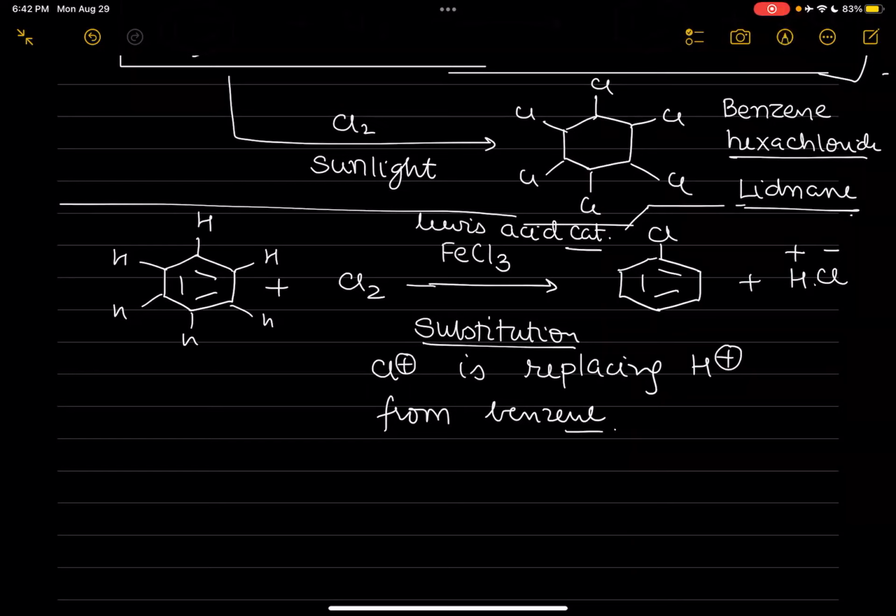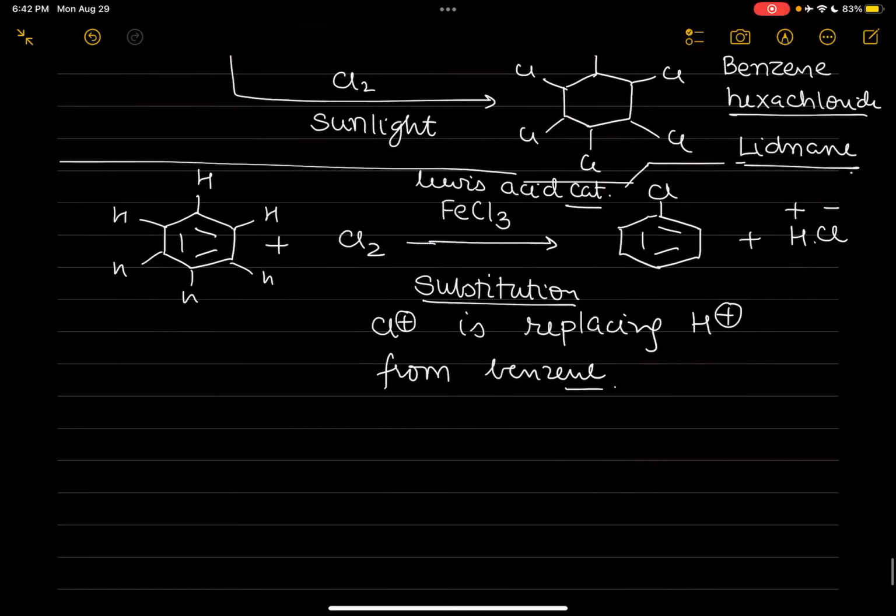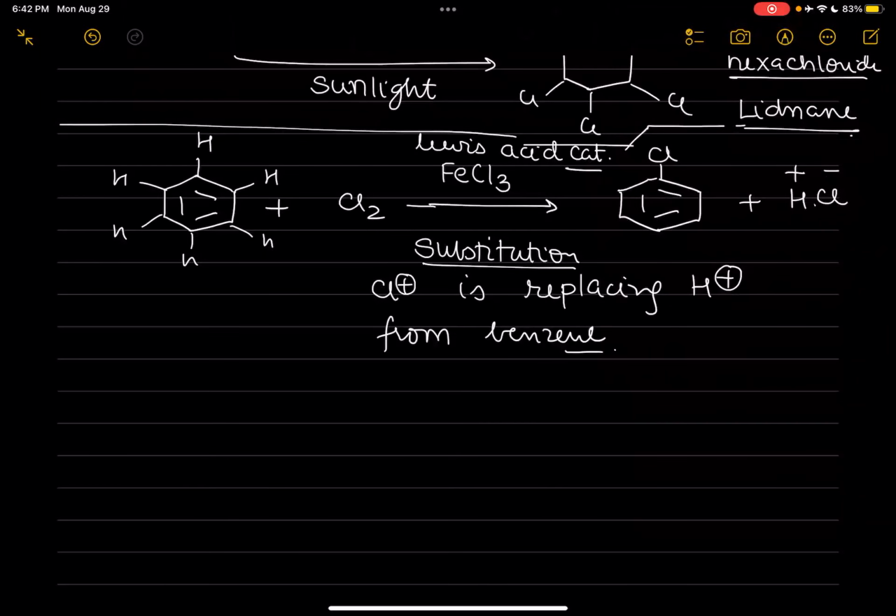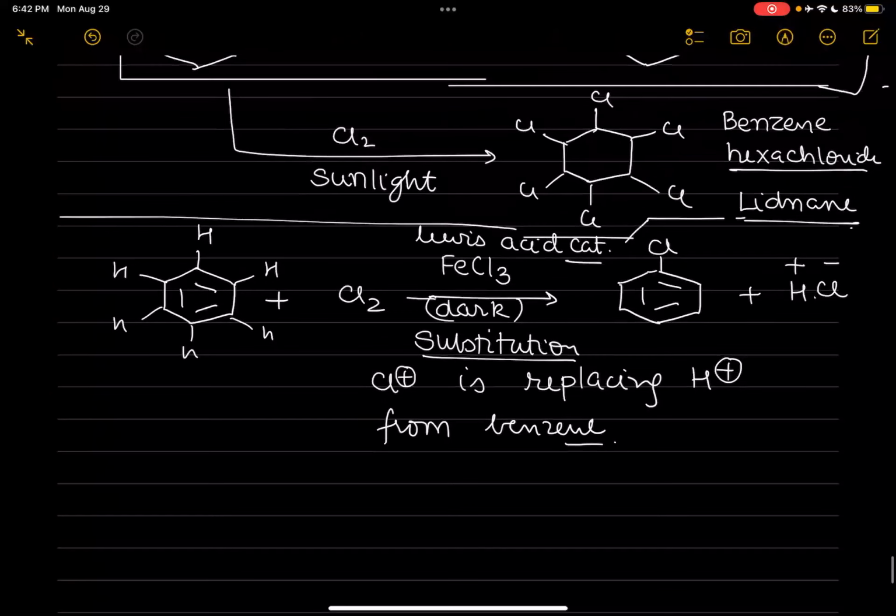And you need to take dark. You don't have to take sunlight, because if you take sunlight, addition will happen and all the double bonds will break and you will have Cl connected at all the positions. Is it clear, Aishwarya, Anushka, Arpit? Yes, sir. Clear. Imad? Yes.